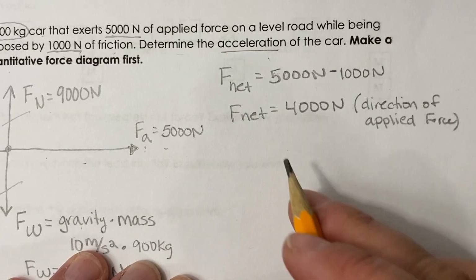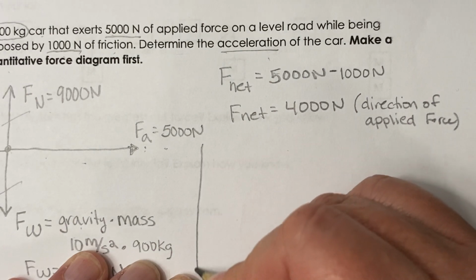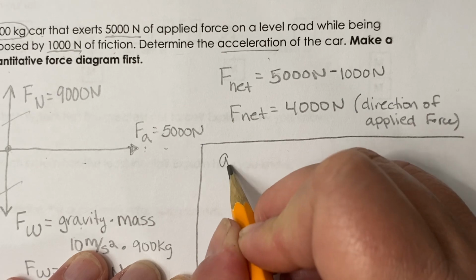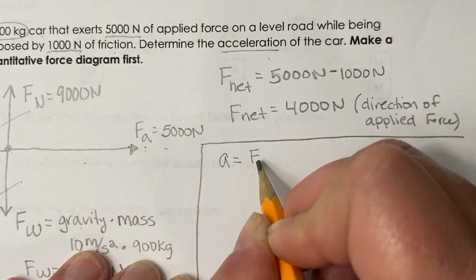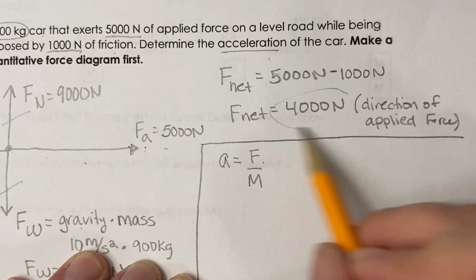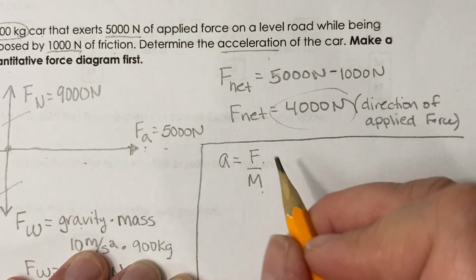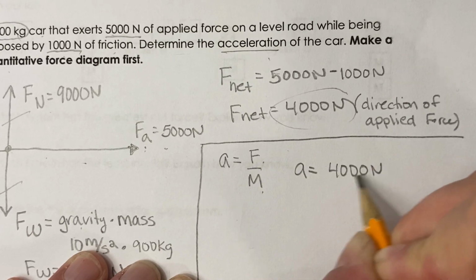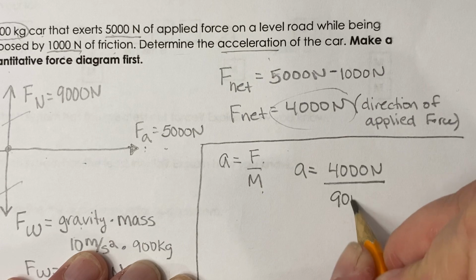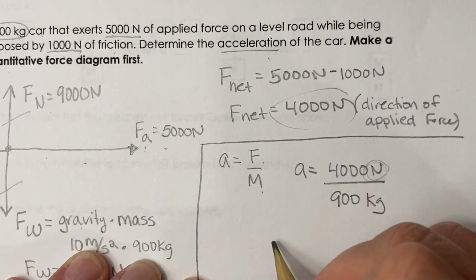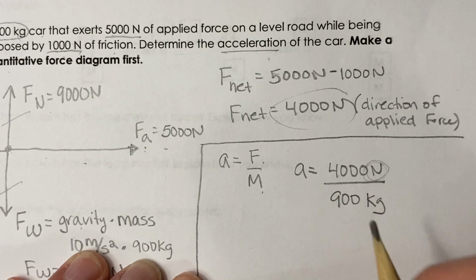Now that I have my net force, I'm going to draw a little box here just to help us with organization. Acceleration is going to be force divided by mass. I have my force, I have my mass, I can just plug those in. So acceleration is 4,000 newtons divided by 900 kilograms. Or I could rewrite newtons as kilograms meters per second squared.